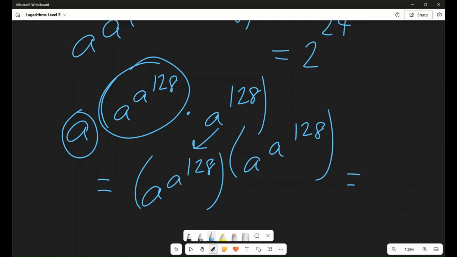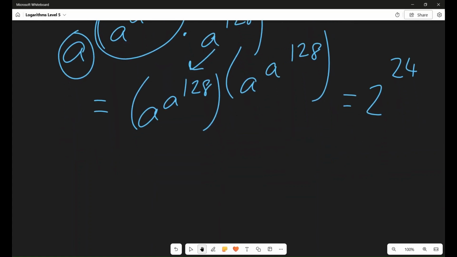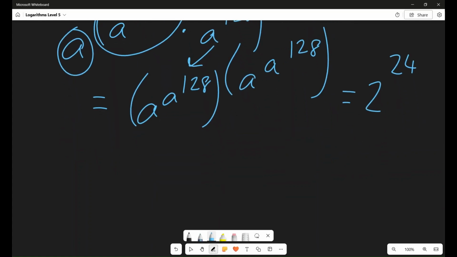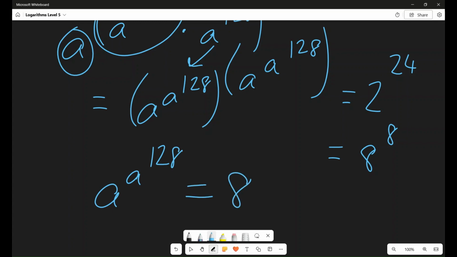And remember, this is equal to 2 to the power of 24. And if we do some experimentation with this value, 2 to the power of 24, we see that it's actually equal to 8 to the power of 8. So we see that a to the power of a to the power of 128 is actually equal to 8. And that is so much simpler.